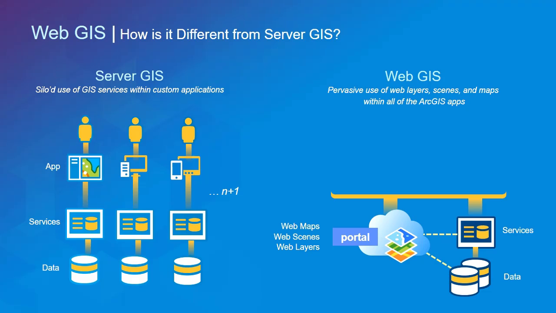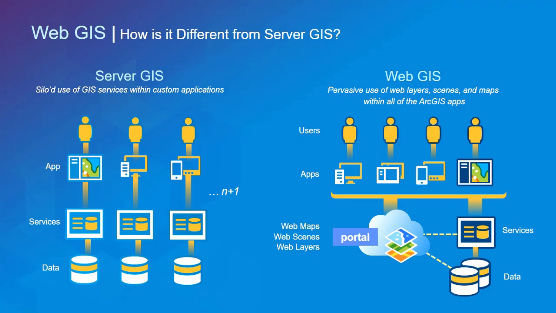So with that infrastructure in place, we can now try to achieve that goal from before, which was to make use of the same services, the same data, the same layers and maps across multiple different types of apps, multiple different types of devices. And hopefully, we don't get into the N+1 of having to recreate things over and over again.